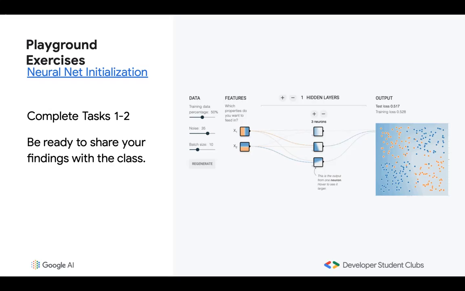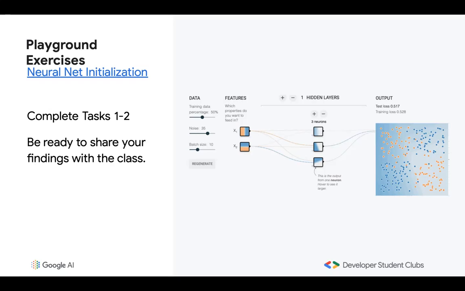If you scroll further down the web page, you'll hit the second exercise, which is called neural net initialization. I had a quick go at it earlier, and it's again pretty interesting, looking at how you can initialize a neural network, starting with just the first layer and getting the relevant outputs.